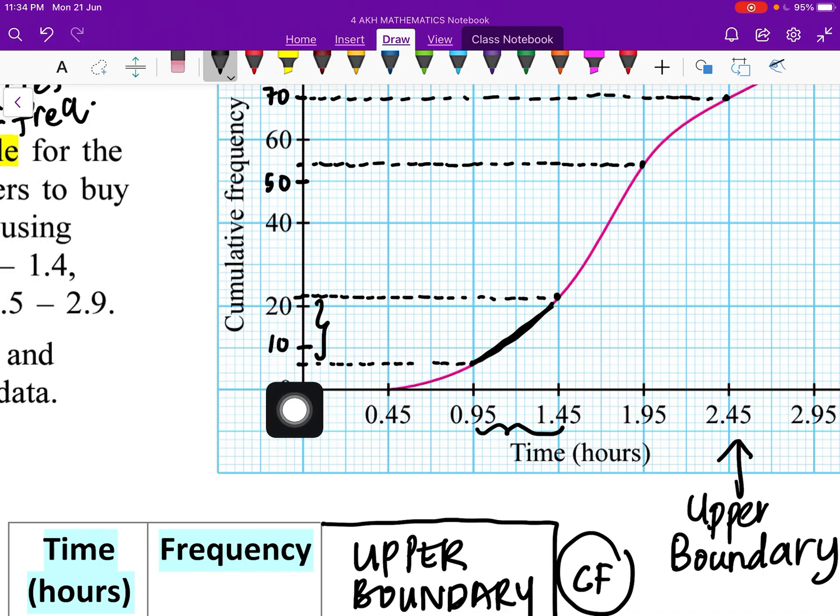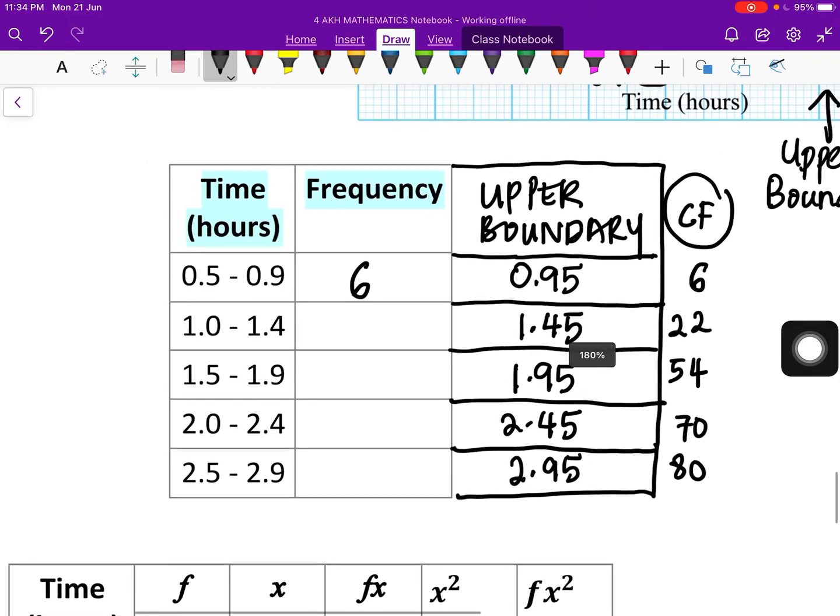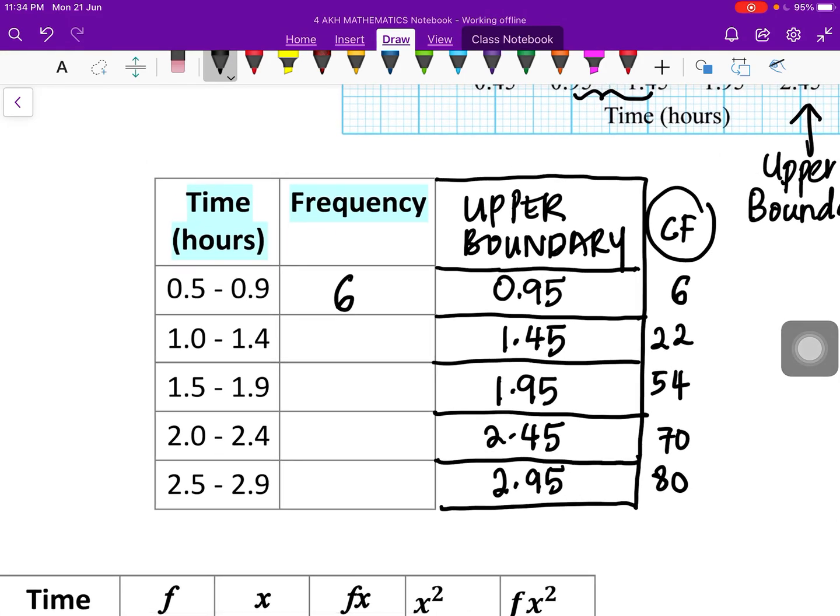Akan minus kepada 0 hingga 6. Sebab teacher nak dapatkan frekuensi kelas yang kedua. So kat sini, 22, kita akan minuskan dengan 6. So dia akan jadi 16.